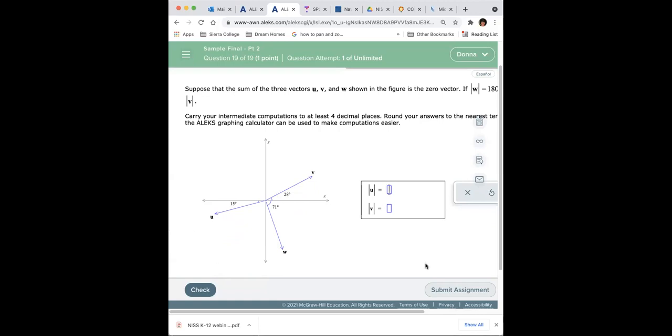So let's go ahead and capture this vector representation on my iPad and begin working on the problem. So I'll take a screenshot, and we know that the magnitude of w is 180. I'll send this to my iPad, and then we'll go ahead and begin working.